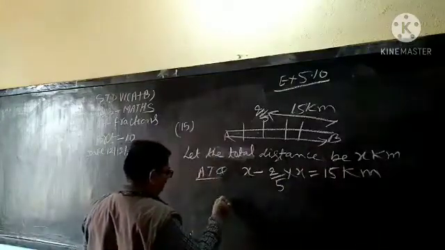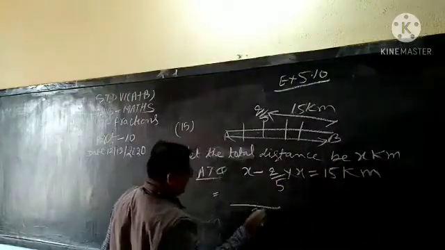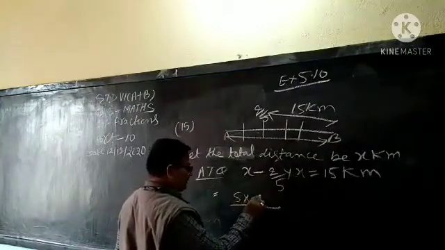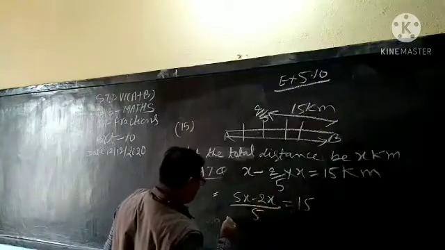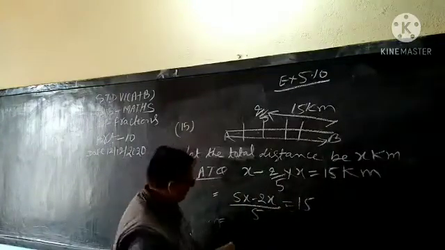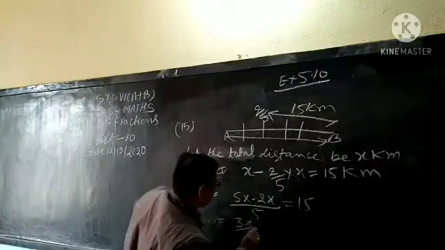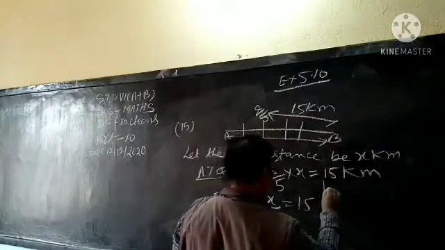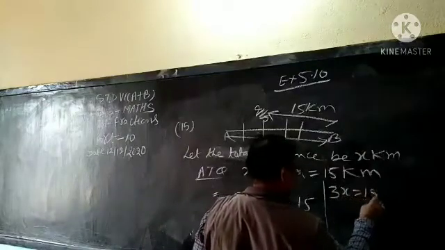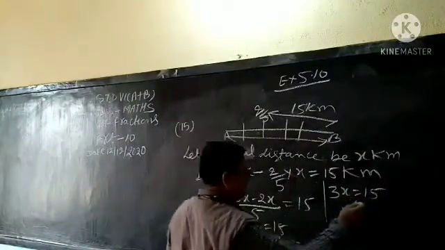Now simplify. The LCM is 5. 5x minus 2x is equal to 15. 3x by 5 is equal to 15. 3x is equal to 15 into 5, by cross multiplication.